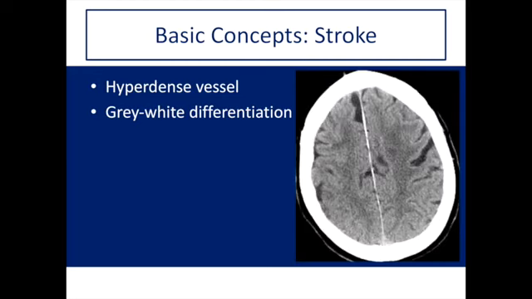Corresponding to the vessel clot we just saw, there is an area here with subtle blurring of the gray-white differentiation. Compare it to the other side. Notice how crisp the gray-white differentiation is here, and it also is anteriorly on the right as well. But in this area here, you've lost the gray-white differentiation. This is a subtle case.